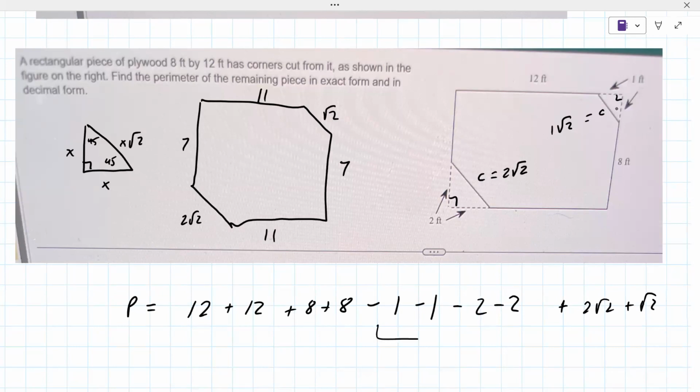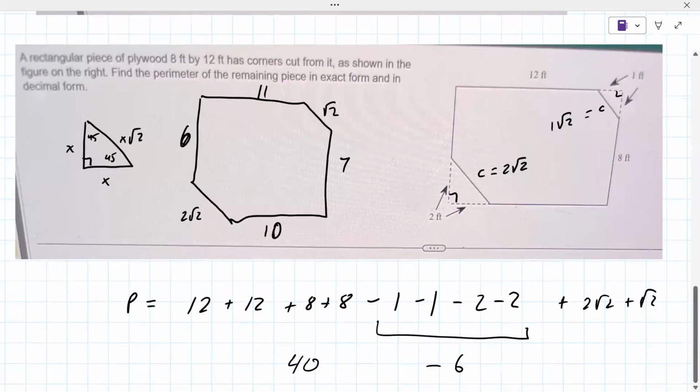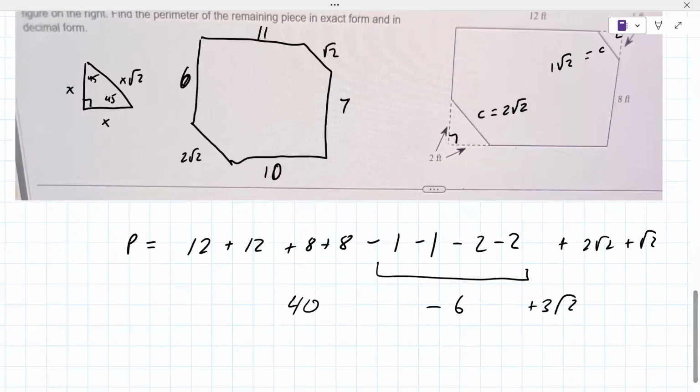So that's minus 6, and this is the 40. My mistake is over here. This is actually 6 and 10. That's why it wasn't working out. Okay, so it's 40 minus 6 plus 3 square root of 2, which is option C.